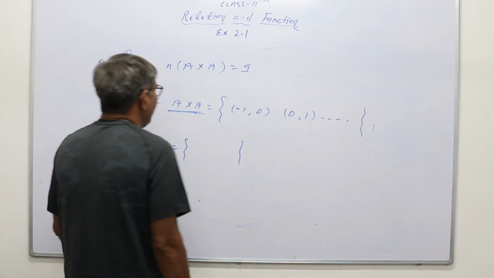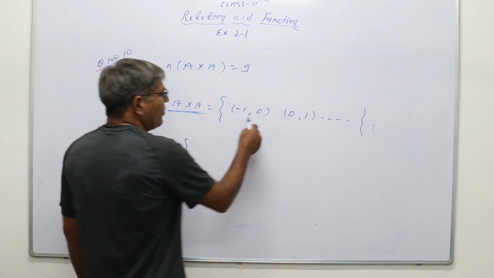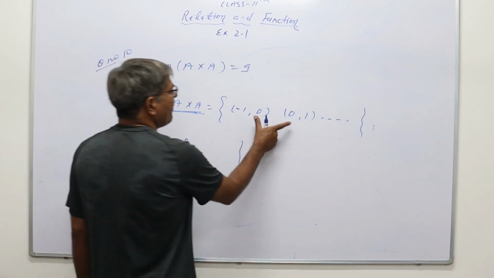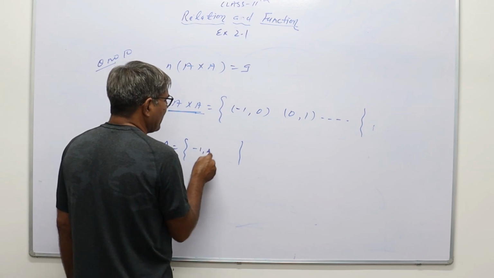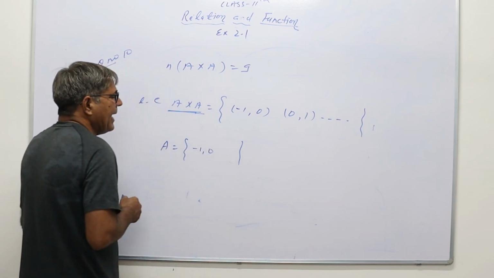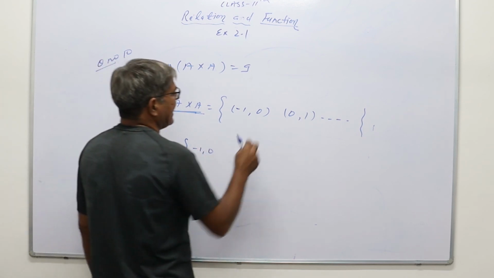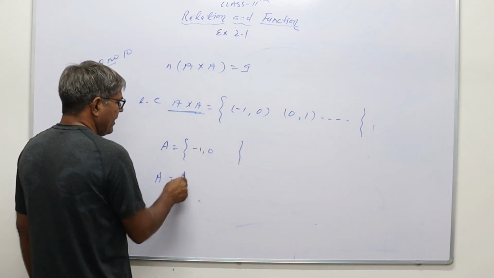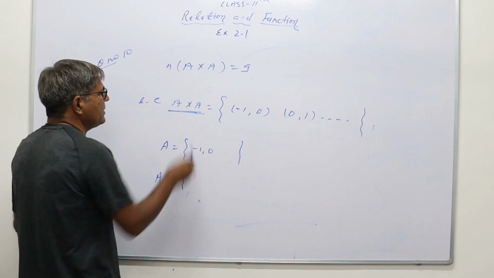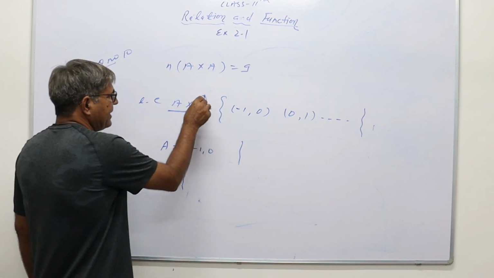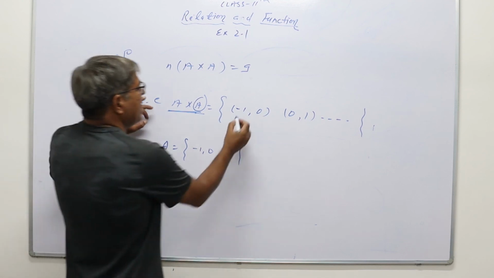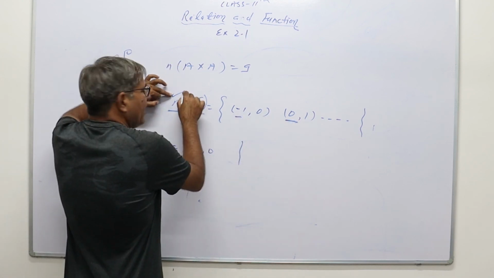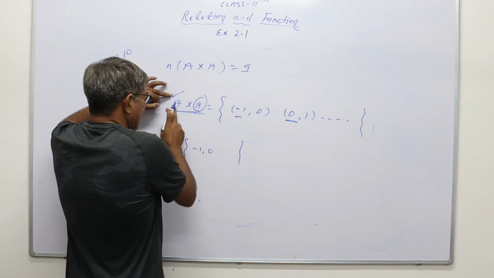So let us take the given ordered pairs, the collection of the first elements, that is -1, 0, and the collection of the second elements. If let us suppose this is another set, then the collection of first elements in the given ordered pairs will belong to the first set.